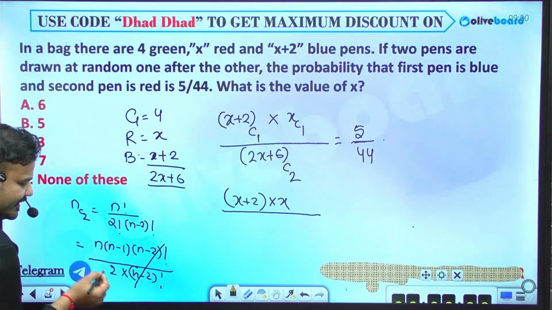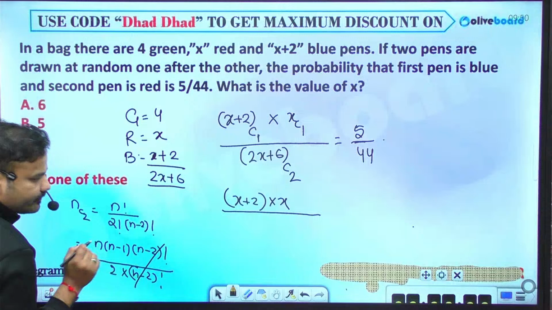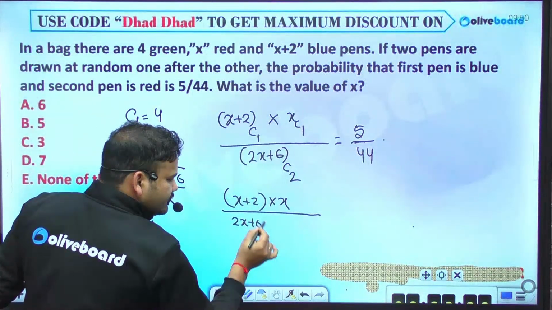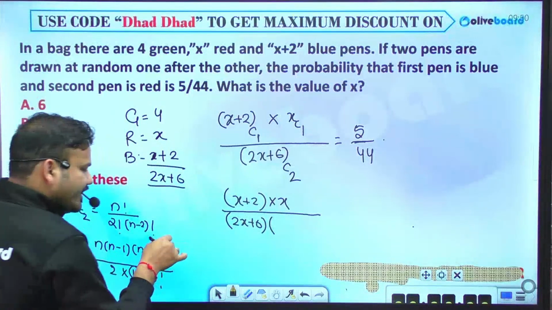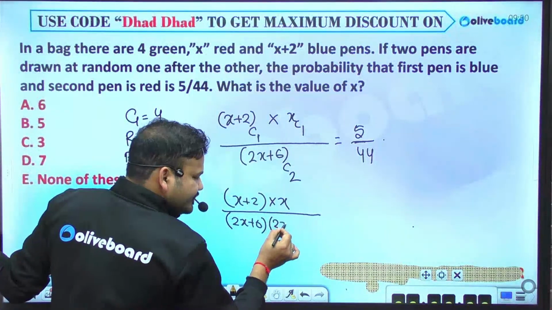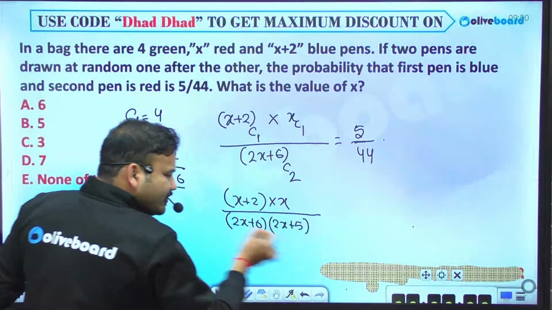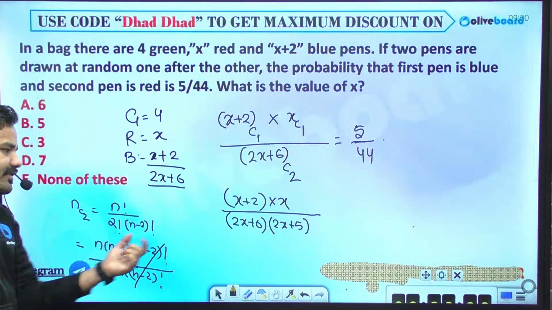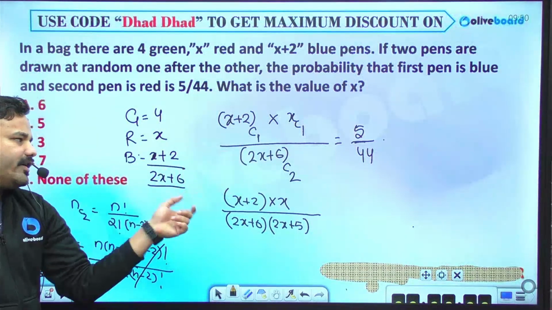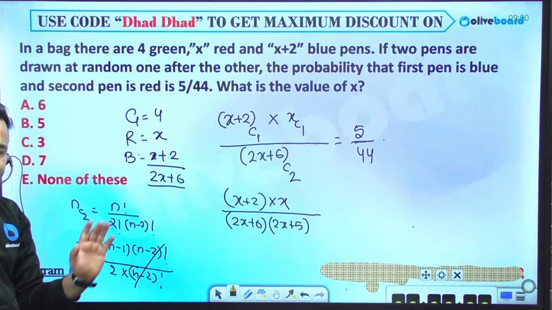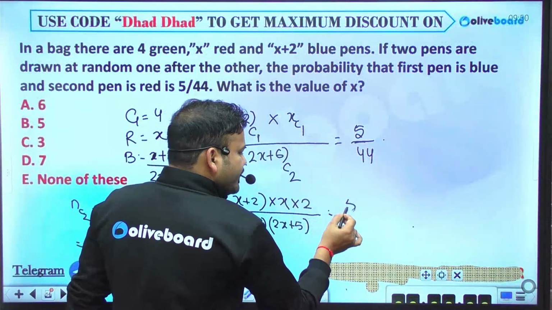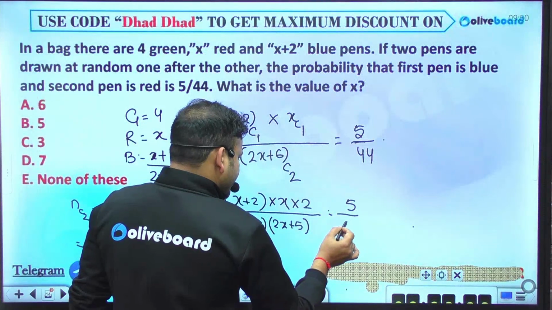So with n as 2x plus 6, n minus 1 will be 2x plus 5, by 2 will also come, and this particular value will be equal to 5 by 44.